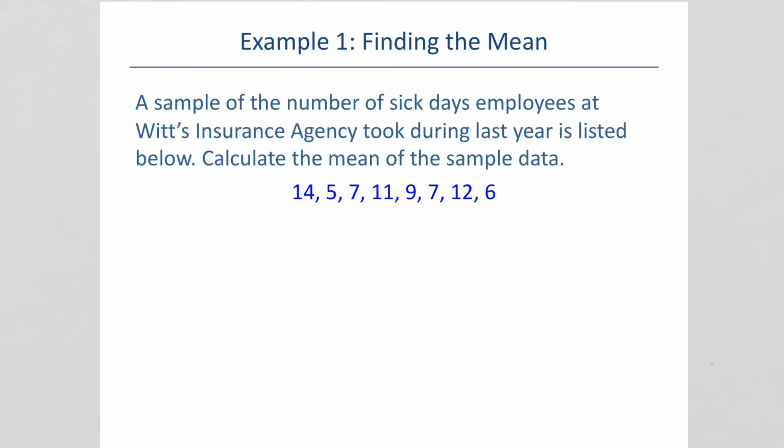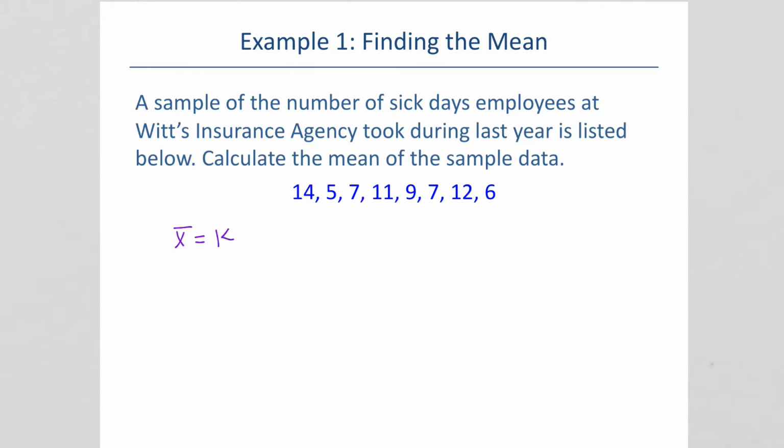So example 1 says a sample of the number of sick days employees at Witt's Insurance Agency took last year is listed below. Calculate the mean of this sample data. And again, this is just a sample. It's not the entire population, so we're using x bar.